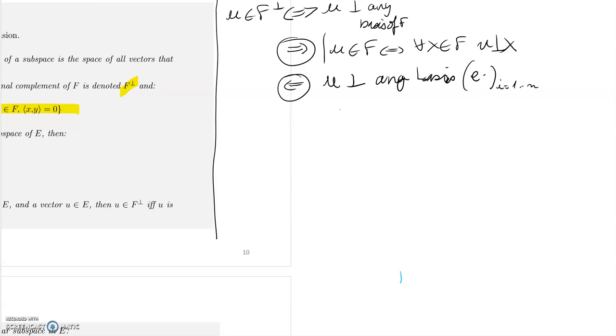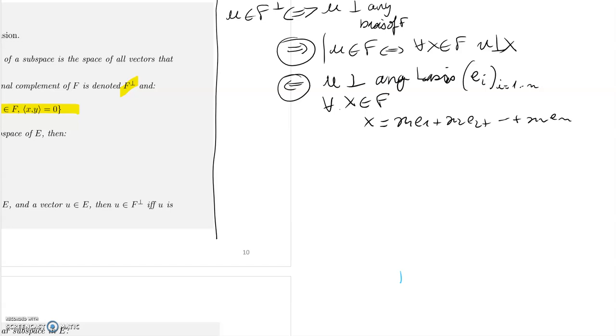Okay, so for any x that belongs to F, if I've got a basis of F, I know that x can be uniquely written with respect to that basis as x1 e1 plus x2 e2 plus ... plus xn en.